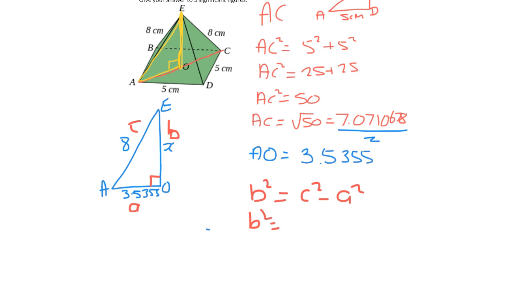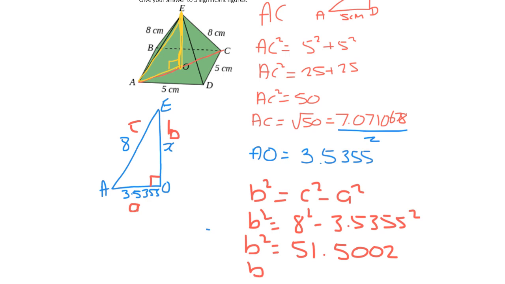So B squared equals, well, C squared is 8 squared, take away 3.5355 squared. So B squared would equal 51.5002.